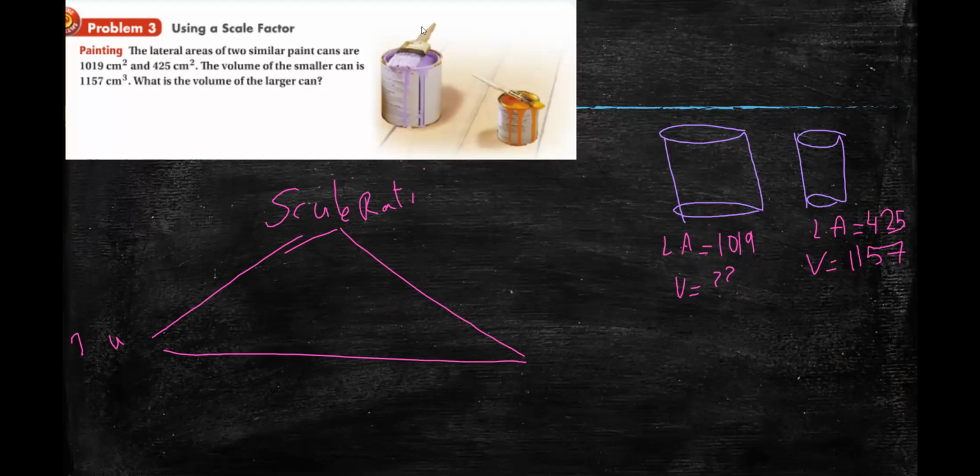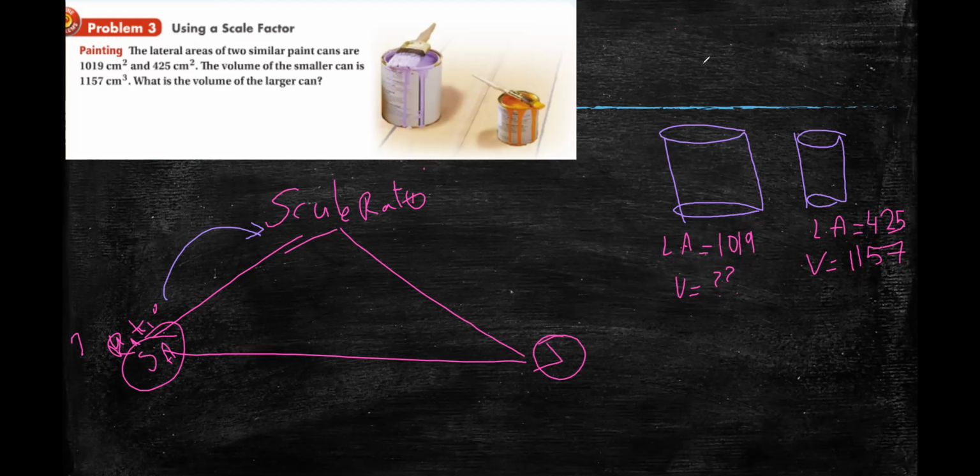So now, here, this is the scale ratio. From the scale ratio, I can write the ratio of the surface area and the ratio of the volumes. Sometimes I give you the ratio of the surface area and I ask you to write the scale ratio.